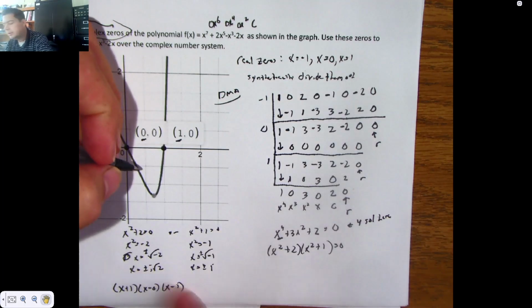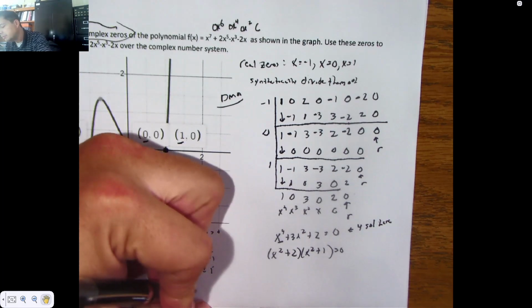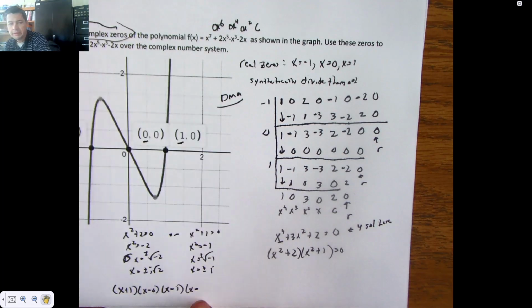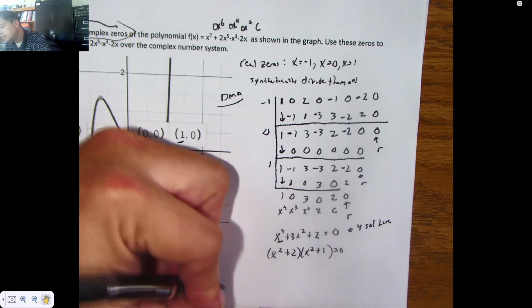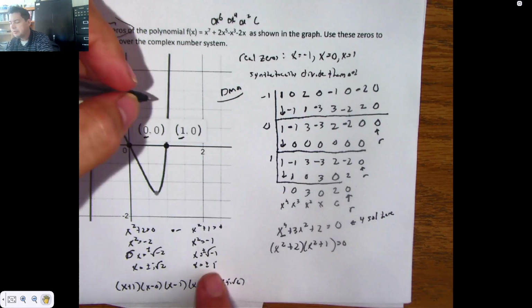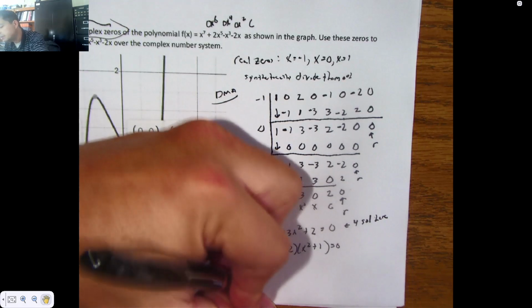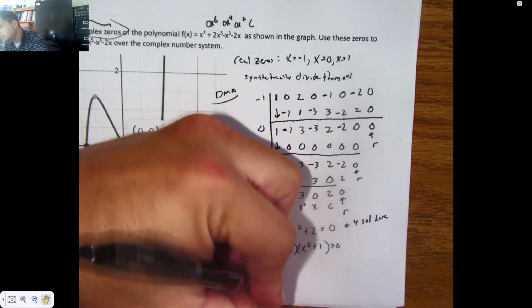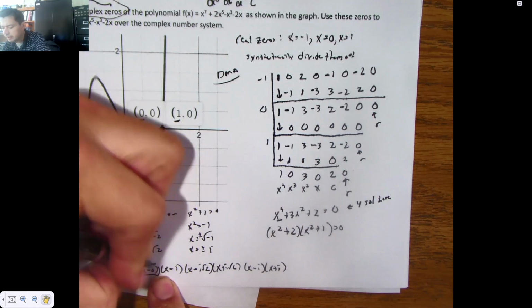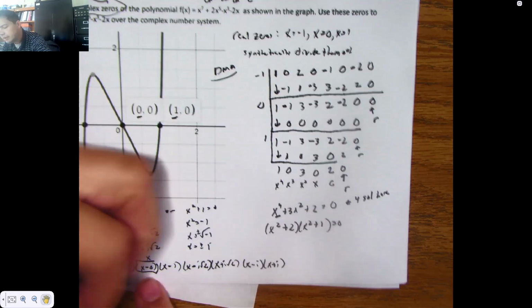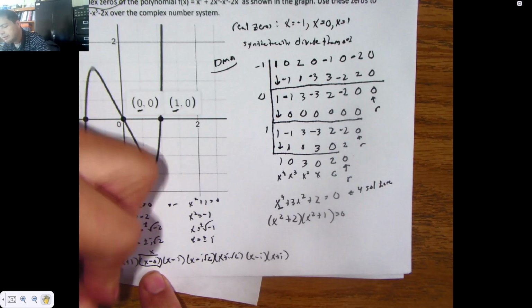We have plus or minus 2i, and one of my factors is going to be x minus i root 2, and the other one's going to be x plus i root 2. You have the plus or minus i here, so one of them's x minus i, one of them's x plus i. And the only thing I'm going to do is clean this up. X minus 0 is simply x, and it's kind of customary to put that up front.